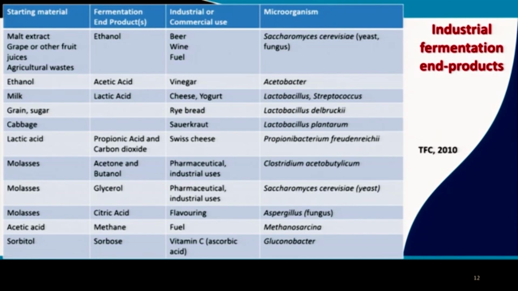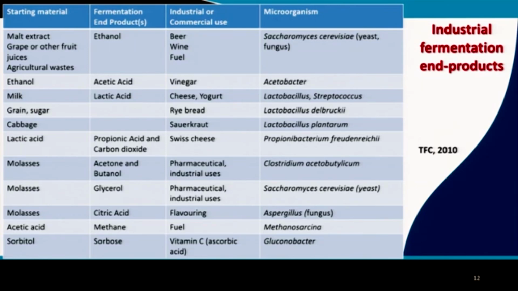Then we come to cabbage. Cabbage is converted to sauerkraut, which is a very popular food material, and that is generated using Lactobacillus plantarum. Lactic acid can be converted to propionic acid and carbon dioxide in the production of Swiss cheese, and the microorganism responsible for this is Propionibacterium species.